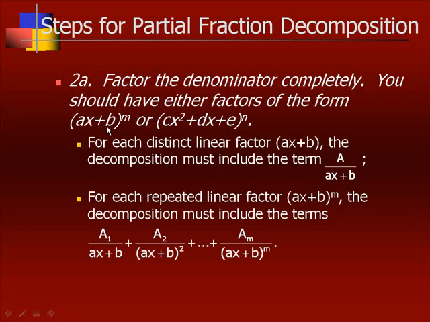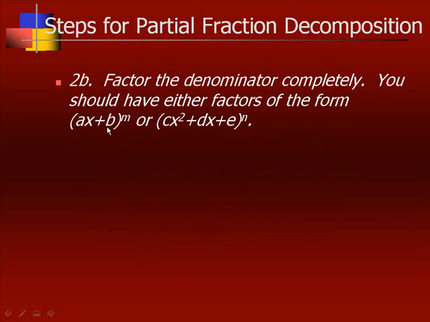For each repeated linear factor, the decomposition must include the terms a over ax plus b plus a2 over ax plus b squared, all the way up, one for each power of ax plus b to the m.